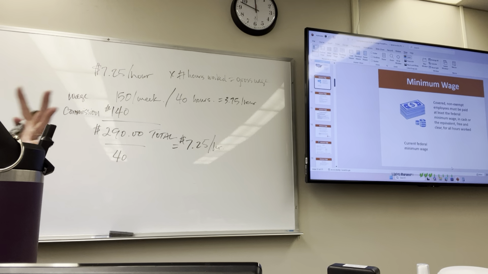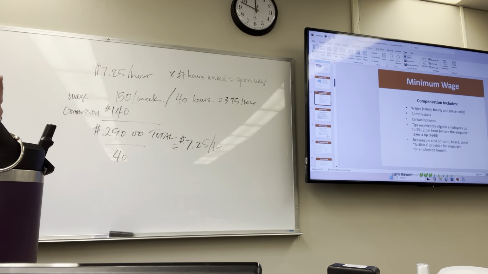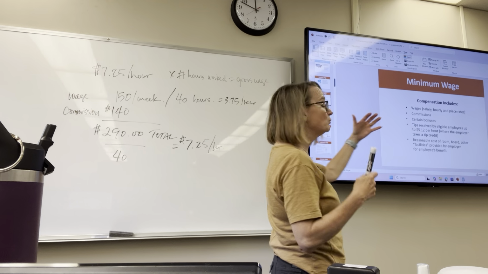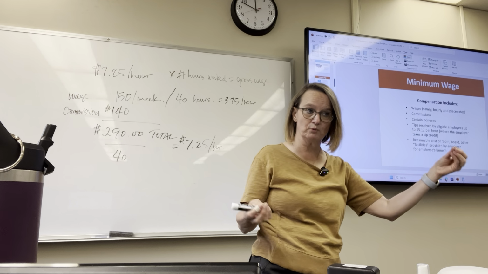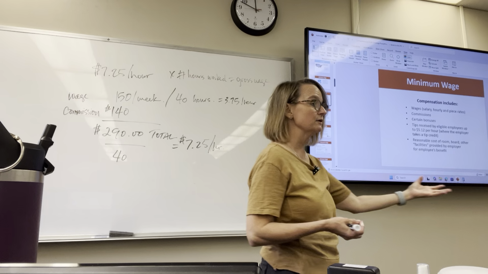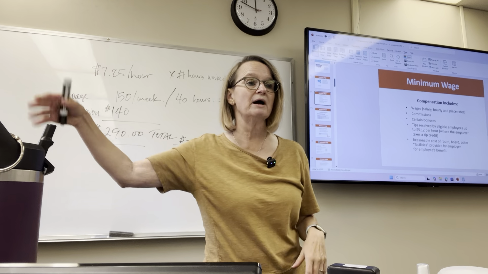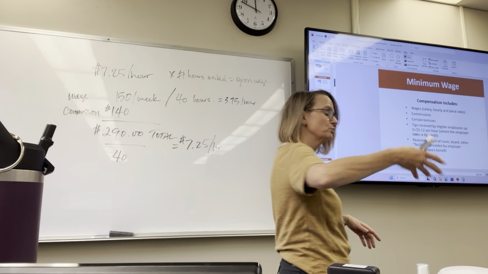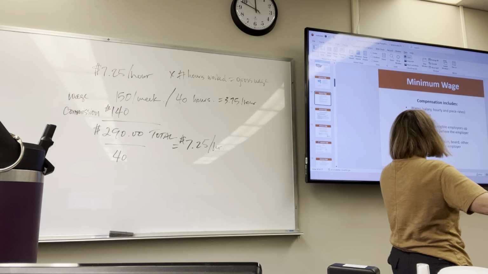We're also going to talk about what is an hour worked. Compensation includes the wages, and wages can be paid in lots of different ways. They can be paid on a salary basis, meaning you're getting paid a certain amount per week, per 2 weeks, per half month, per month, whatever it is, or on an annual basis.